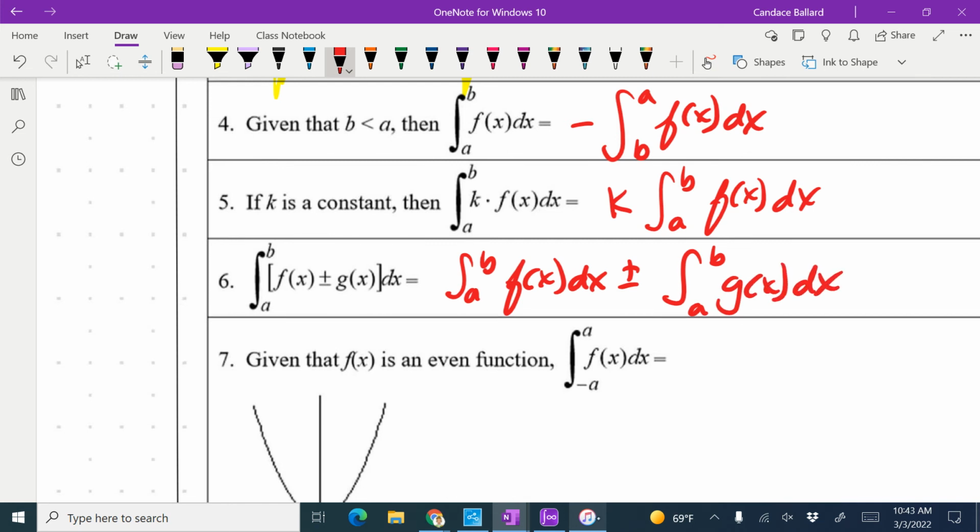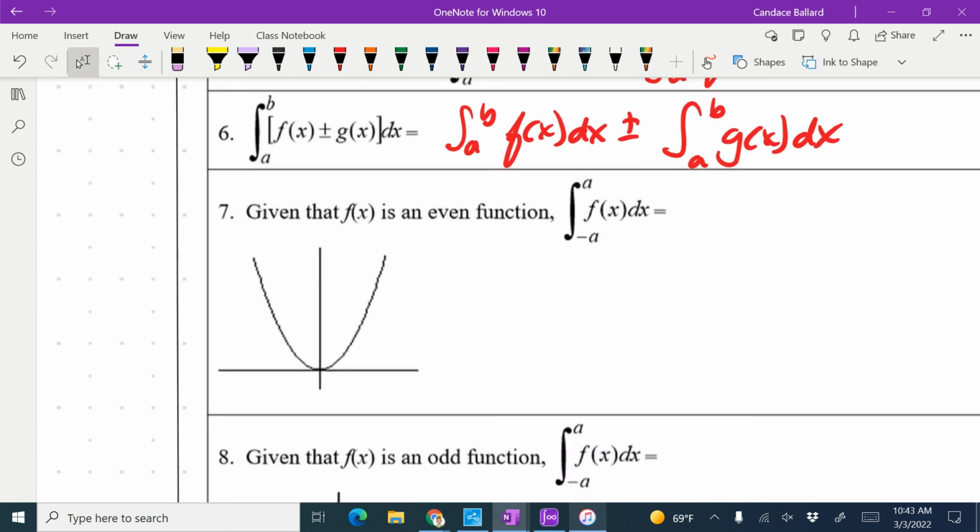I'm just splitting it up into 2 because sometimes it's easier to do them separately. Okay. This isn't a property I use a whole lot, but if you see it and you recognize it, great, use it. If you don't, you're going to be able to do the integration the way we've been doing it, and you'll still get the right answer, okay?